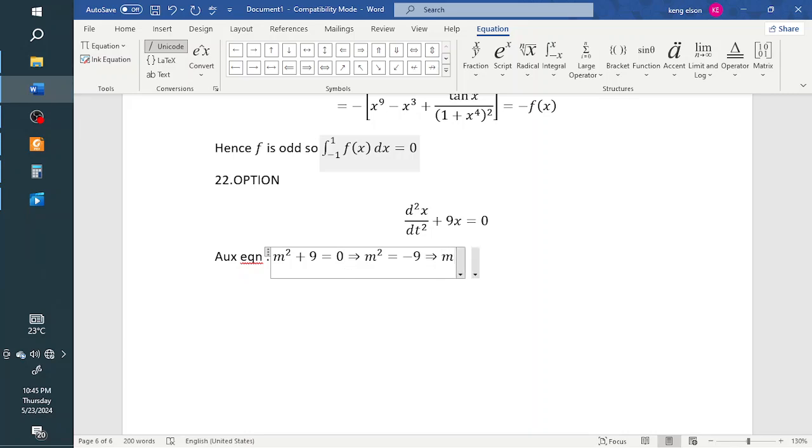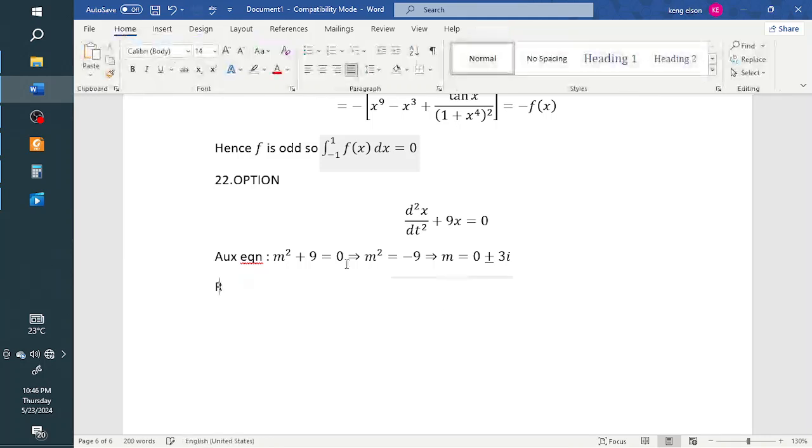So what will be m? Plus or minus 3i, right? Actually 0 plus or minus 3i. Okay, so what is x equal to? Roots are complex, so the general solution will be in a particular form.